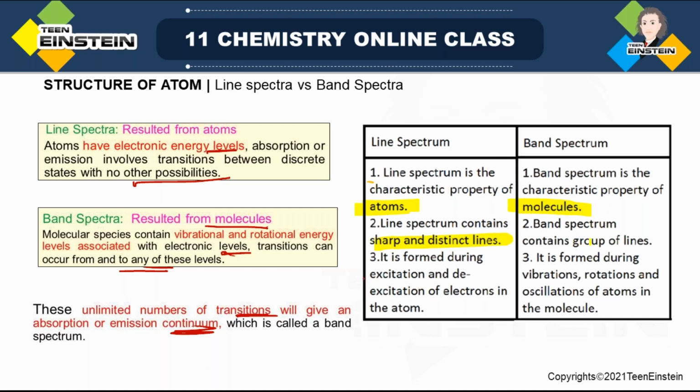Band spectrum contains a group of lines together, so that is why it appears as a continuum or band. Line spectrum is formed during excitation and de-excitation of an electron in the atom, and when it is a band spectrum, that is for molecules, some other types of transitions are also possible. Vibrations and rotations are also possible, because now we are dealing with molecules. These are the important differences between line and band spectrum.